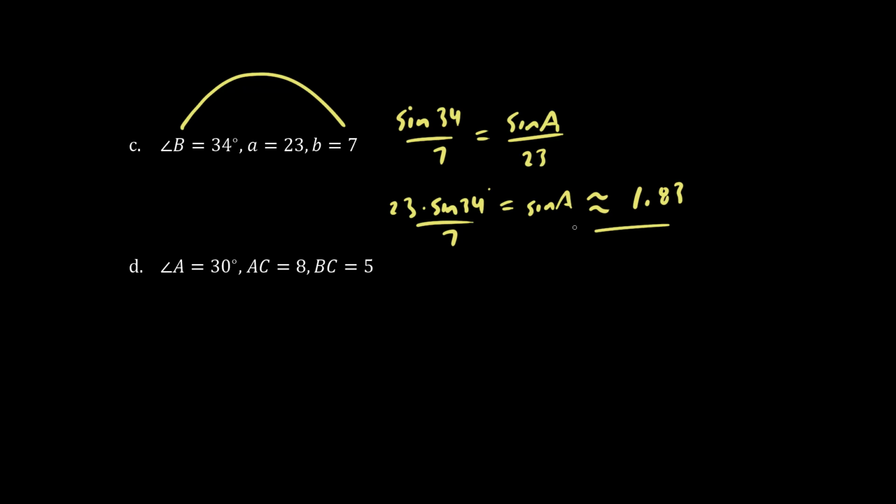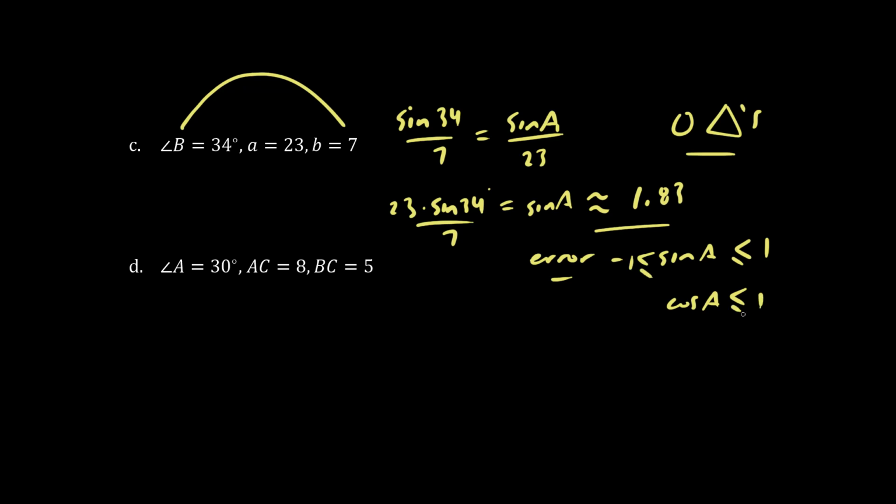Now we have a problem. When we hit sine inverse to find the angle A, it gives us an error. So there's no possible solutions. There's no triangles whatsoever. In general, sine of some angle as well as cosine of some angle must be between positive 1 and negative 1.